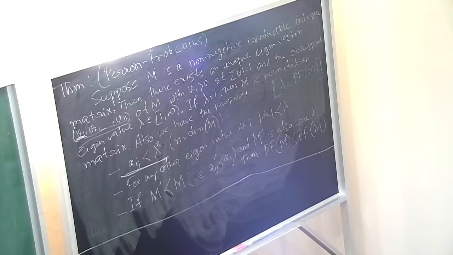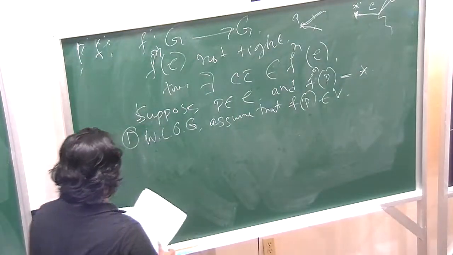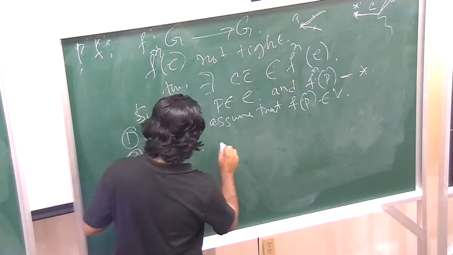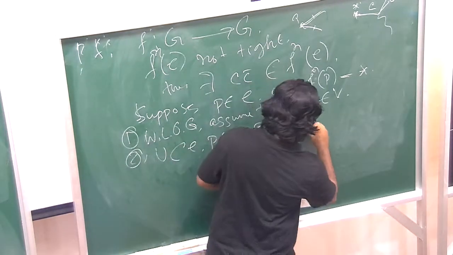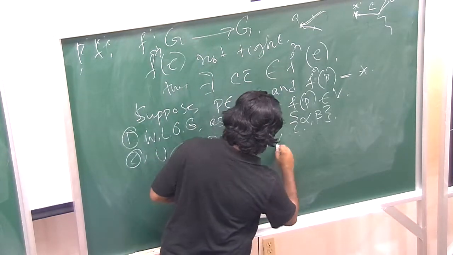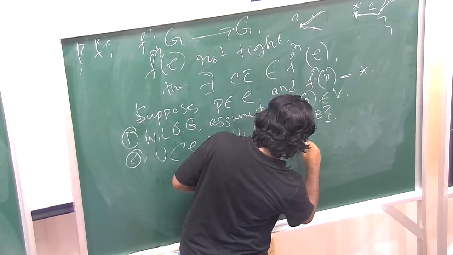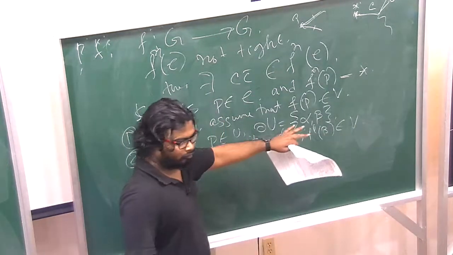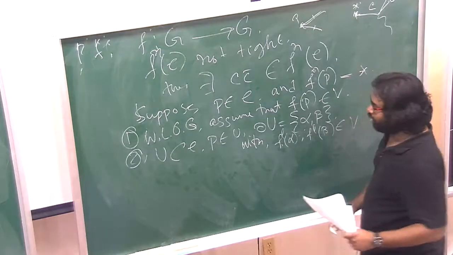I'm not going to do that here, but believe me, I can assume that my f of P is inside V, and there exists a neighborhood containing U, with alpha and beta, with the property that f to the L of alpha and f to the L of beta are again inside the vertex set for some L.